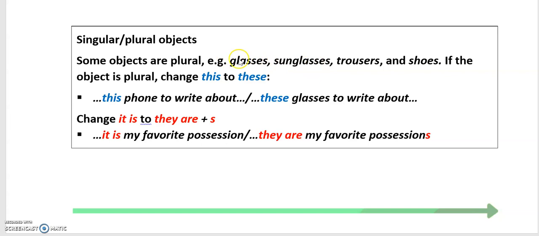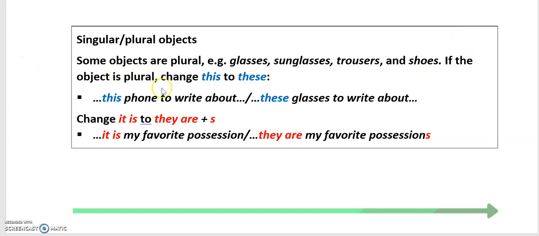And remember, if you're talking about anything that has a double, for example, glasses, there are 2 glasses, sunglasses. There isn't one piece of glass, there are 2. Trousers have 2 legs. 2 shoes or 2 sandals. You don't have just one, you have 2, usually.